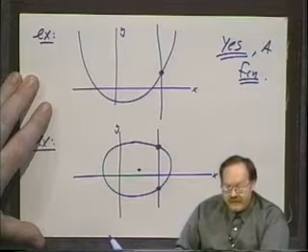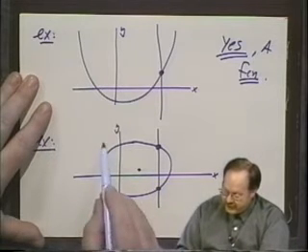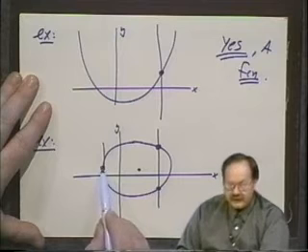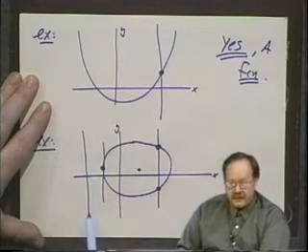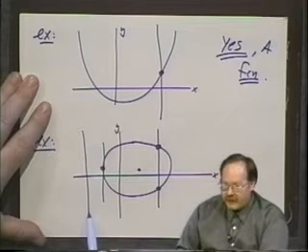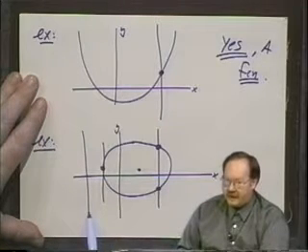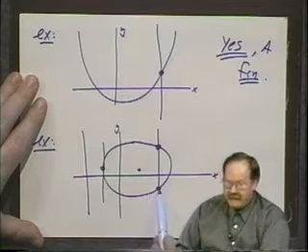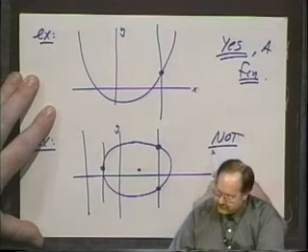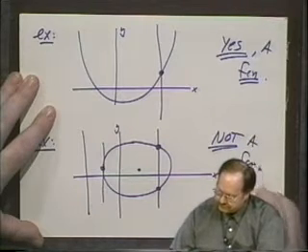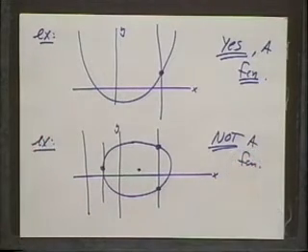Now, there are some vertical lines that only strike once, like the one that's tangent to this end. And there are some vertical lines that miss it altogether. But that's not the point. Remember what the theorem says. It says all vertical lines. If there's any vertical line that strikes it more than once, it's not a function. So this is not a function. Okay? So now you have a test. Strictly visual.